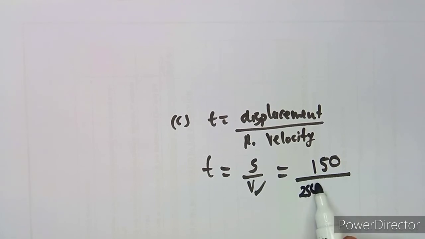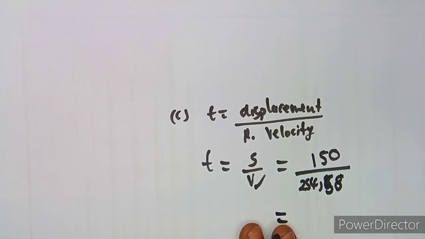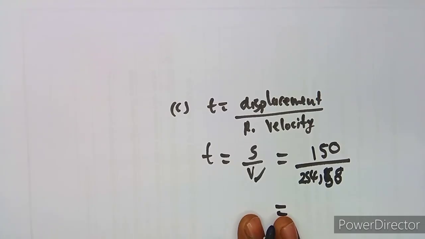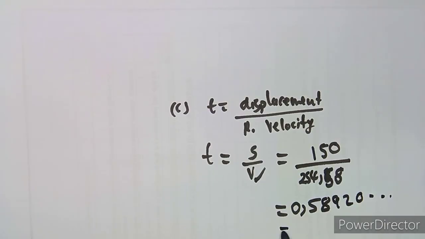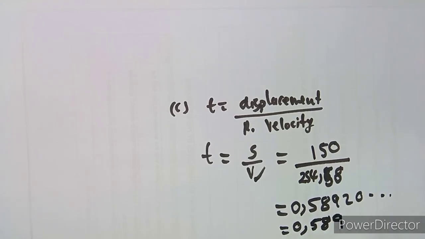This is what you're going to write. From your calculator you're going to obtain 0.58920, something like that. Okay, so you can round off to 3 decimal places depending on what you want. So it's going to be 0.589.